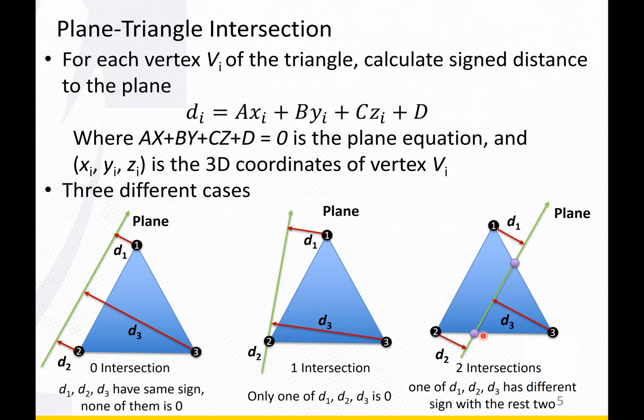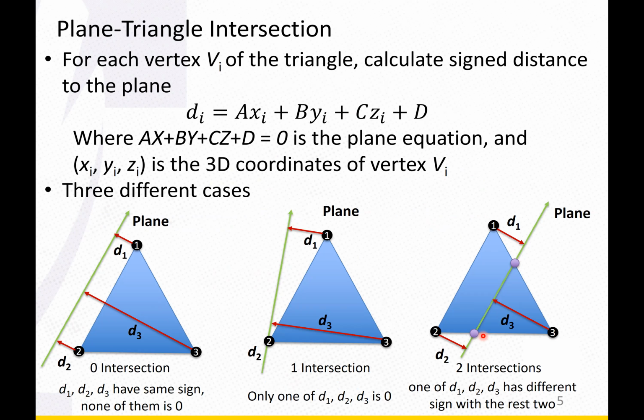So basically, that's how this intersection curve is computed. They just perform this kind of triangle plane intersection for all the cutting planes, as well as for all the triangles.